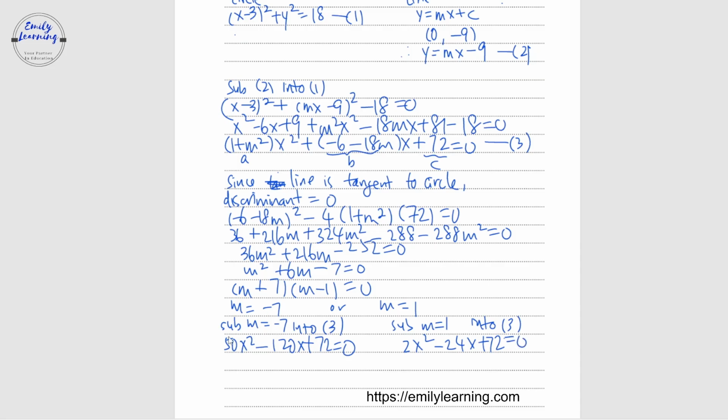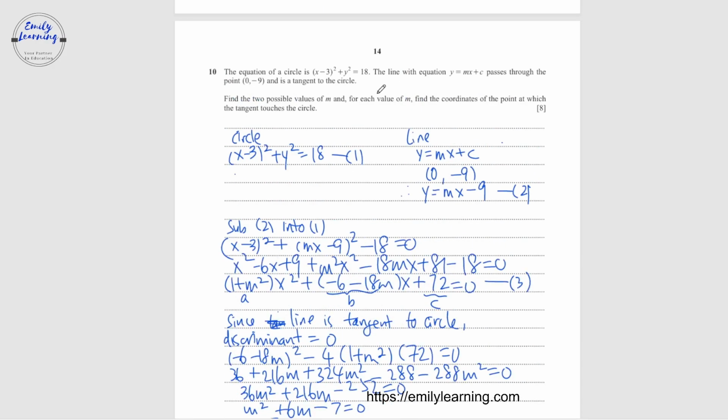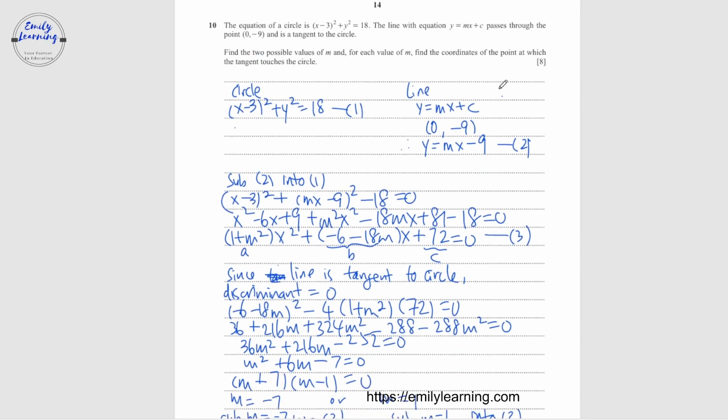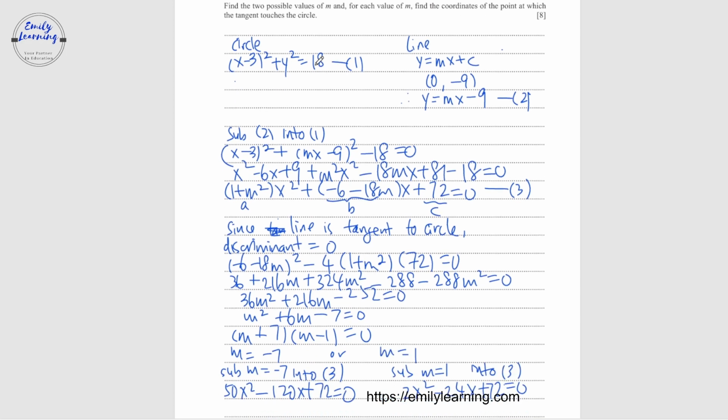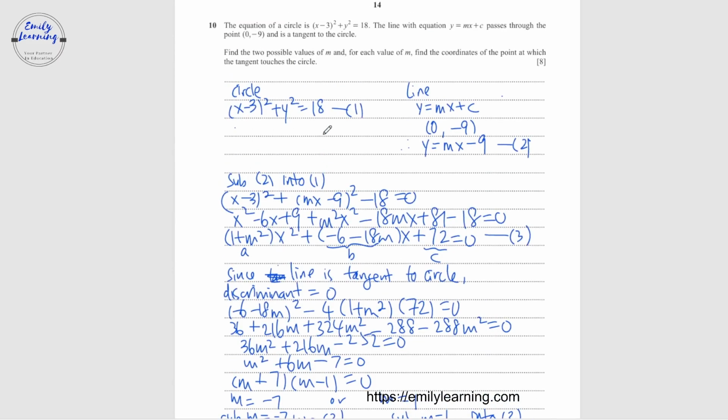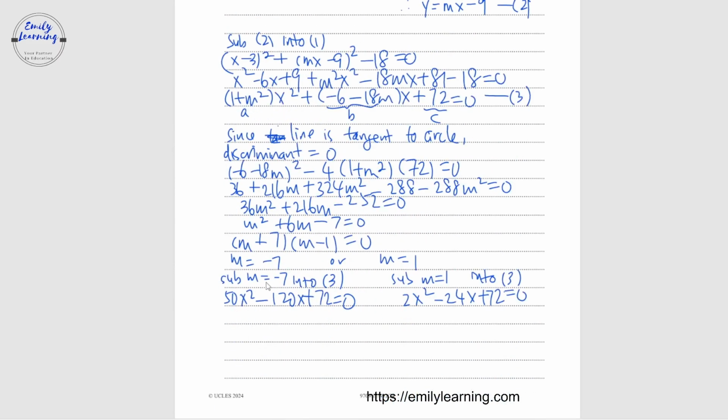You'll notice this one will give me two answers, this one will give me two answers, but they say you find the coordinates of the point at which the tangent touches the circle. They say there are two possible values, and for each value of m, find the coordinates of the point at which the tangent touches the circle. Alright, so let's do it.